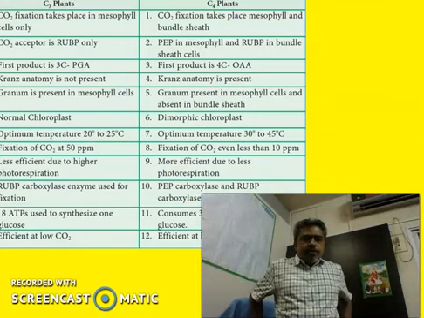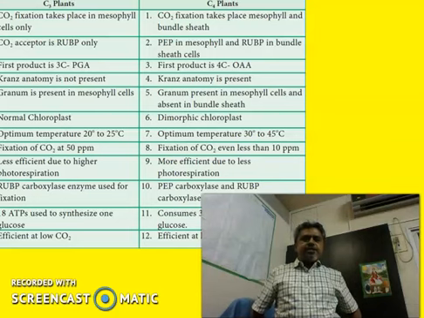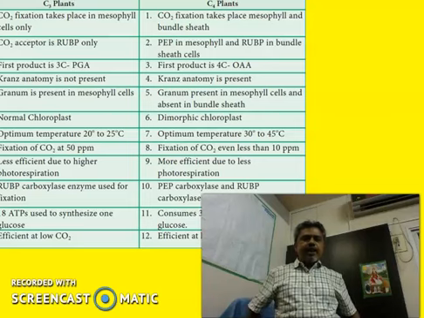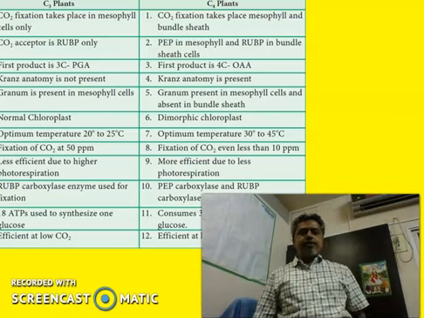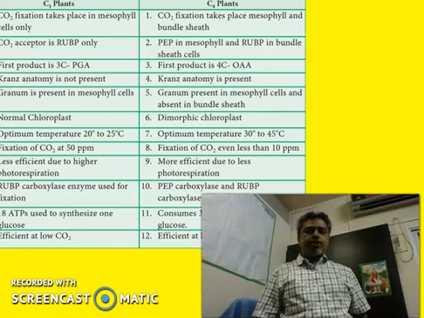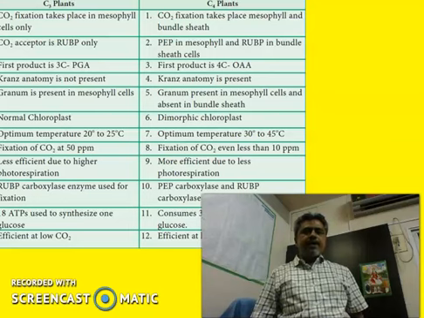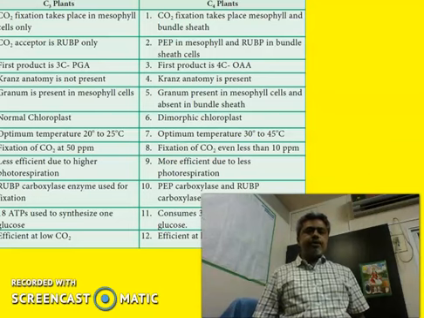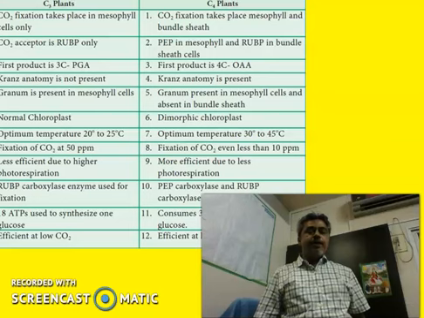In C3 plants, CO2 fixation takes place in the mesophyll cells, whereas in C4 plants CO2 fixation takes place in both mesophyll and bundle sheath cells. In C3 plants the CO2 acceptor is RuBP only, whereas in C4 plants it is phosphoenol pyruvate in the mesophyll cell and RuBP in the bundle sheath cell.